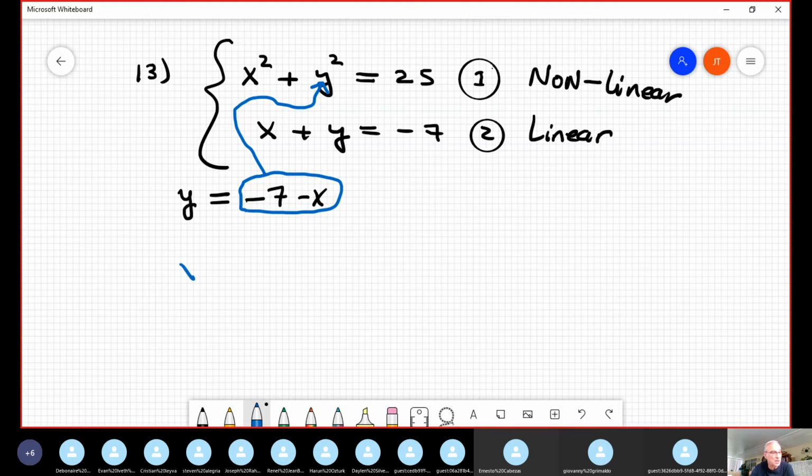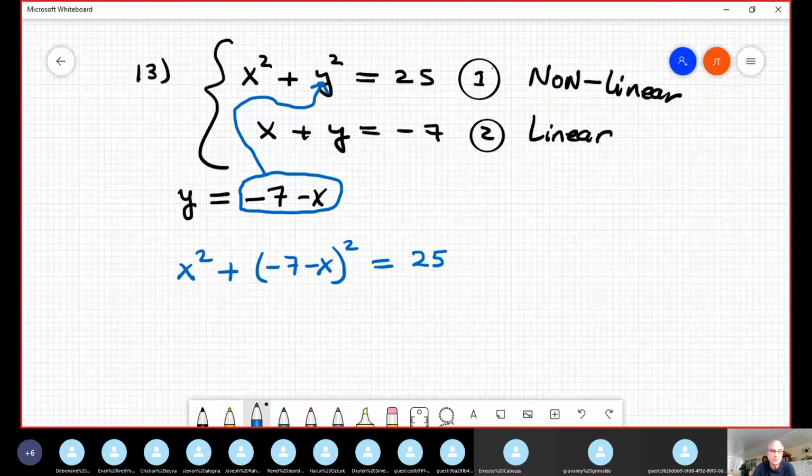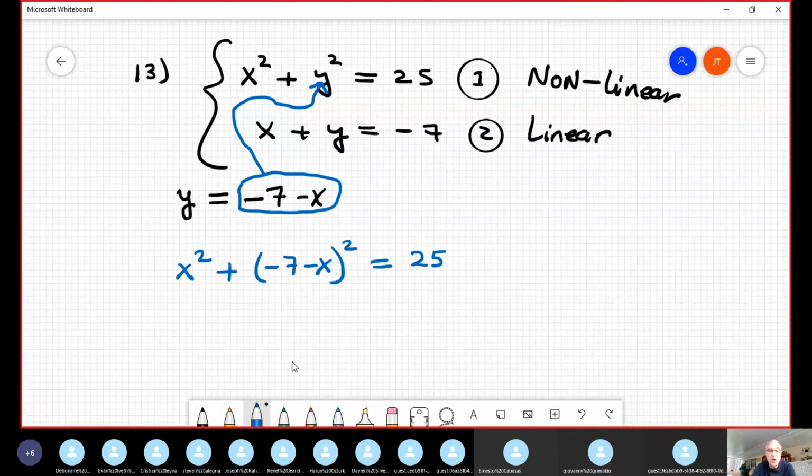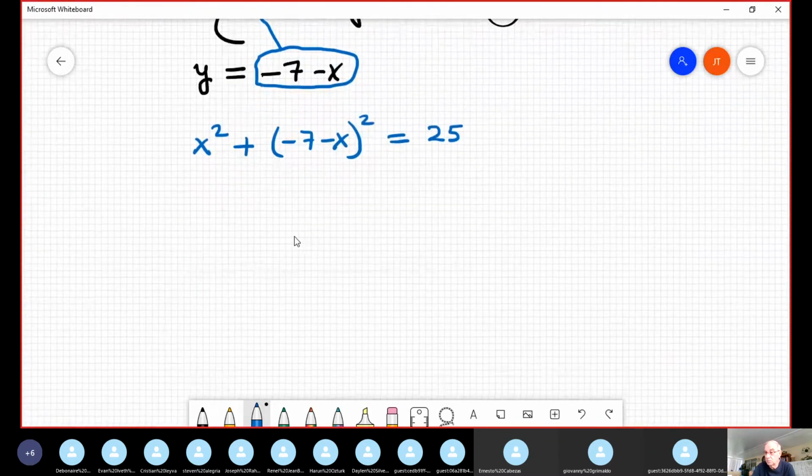So we have x squared plus (-7 minus x) squared, that is y squared, equal to 25. In this moment, we have one equation that contains only one variable, only one unknown, x. Do you remember the way I explained how you expand this binomial?